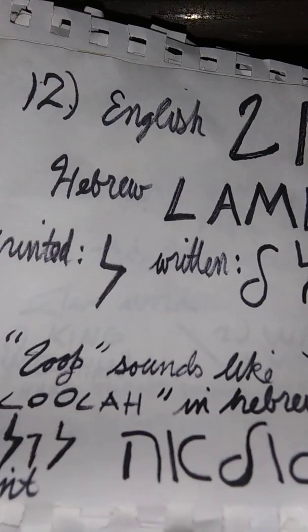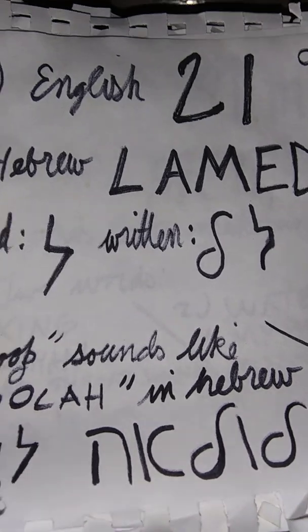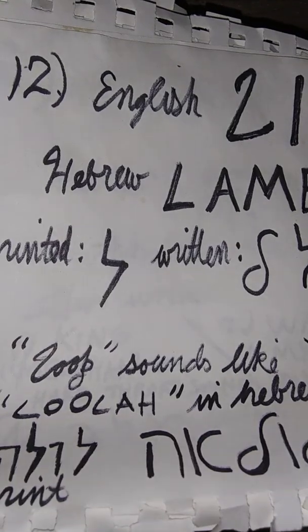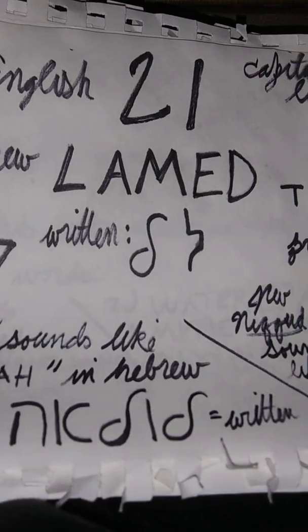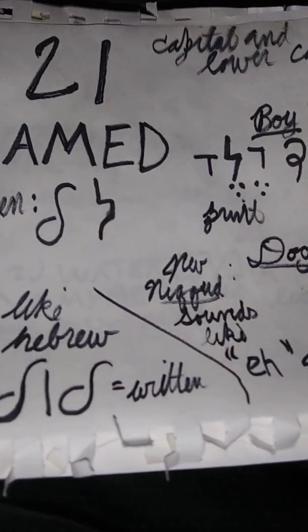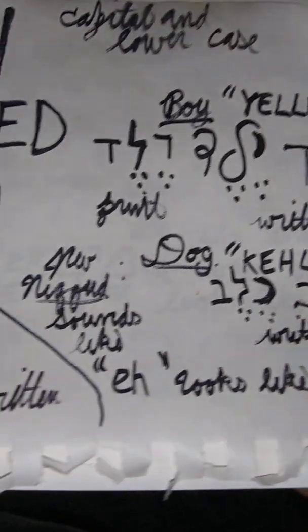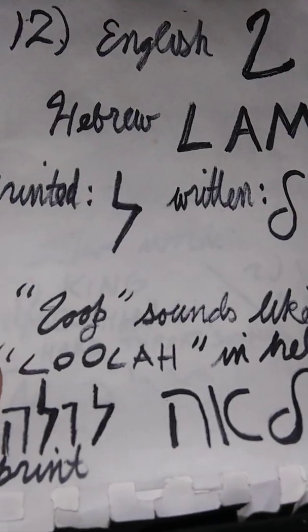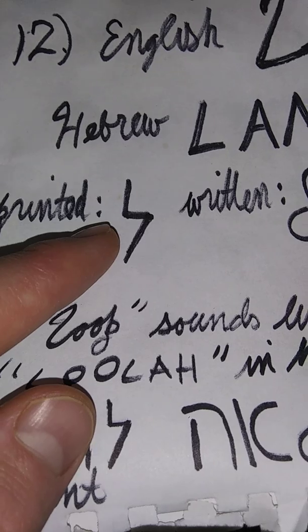Now we have the 12th letter, which would be the L in English. In Hebrew, it's lamed. So we're going to learn how to do the word boy in Hebrew. And so we have our printed, it kind of looks like a lightning.